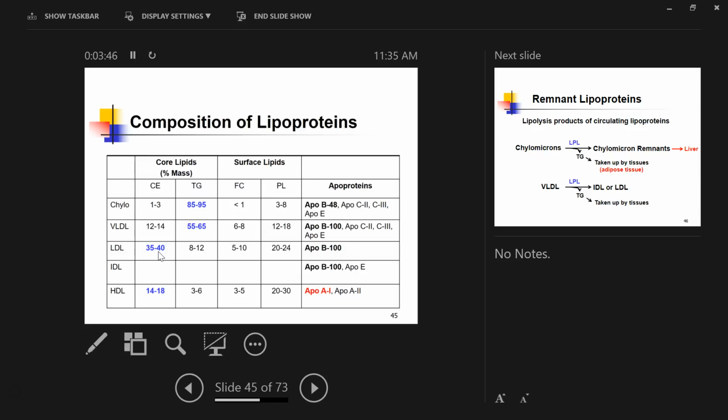Okay, so what is the ACAT and LCAT function?